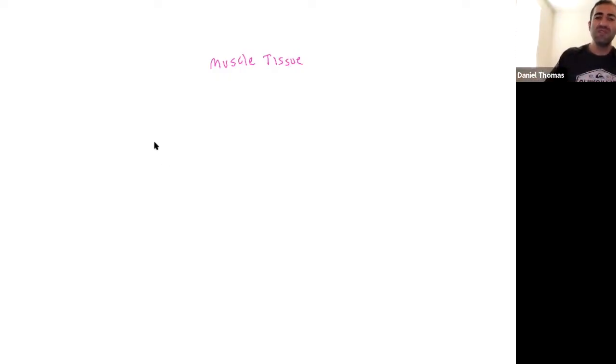So anyways, muscle kind of looks like this. And we have the tendon that's going to extend to a muscle fiber. Well, actually, this is a muscle bundle. And inside this muscle bundle are things called fascicles.